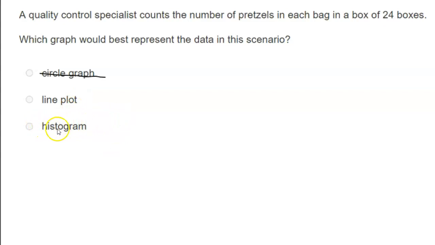You want to use a histogram when your data is going to have repeat answers, and a line plot is something that will have various answers. When we open up this bag of pretzels, the quality control specialist is trying to make sure that the amount of pretzels in each bag is pretty similar, but because they may vary, even if it's by 1 or 2 notches, you want to focus on that line plot. That would probably be your best bet.